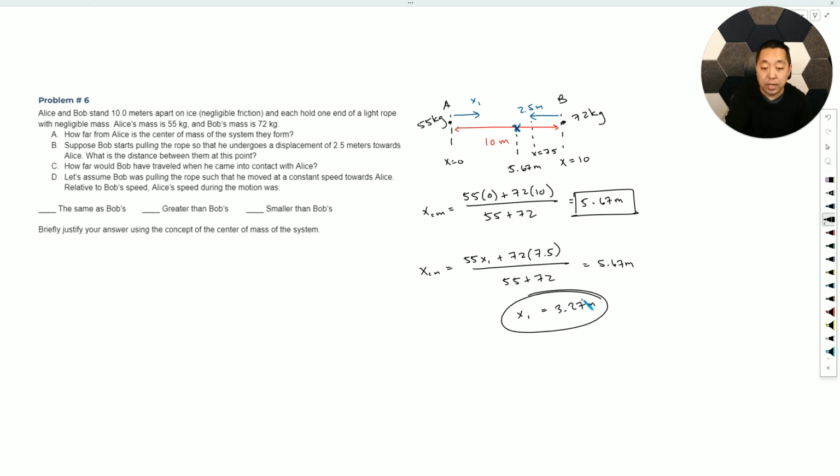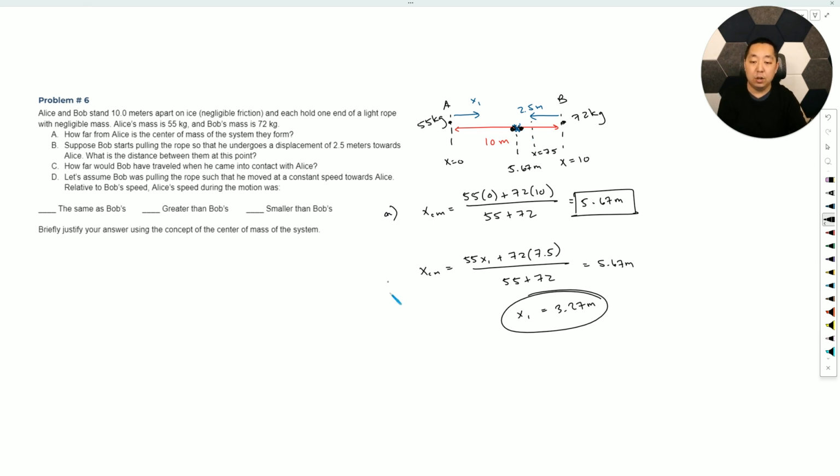So that is how far she moved, because she was at 0 and now she's at 3.27. How far would Bob have traveled when he came into contact with Alice? If they come in together, they should come into contact at the center of mass.